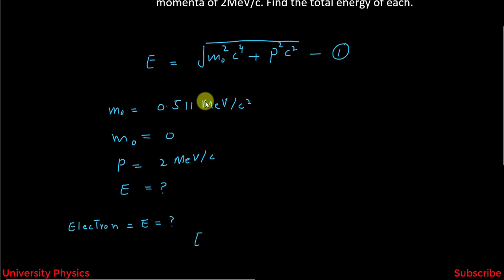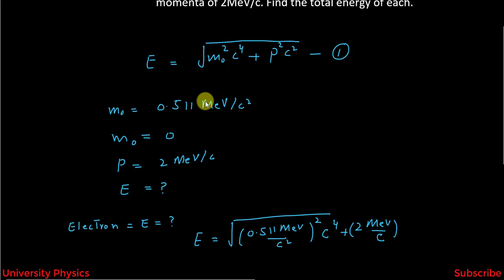Then we get E is equal to under root, the value of m naught for the electron is 0.511 MeV per c square, and it is m naught square, so this will be squared, times c4, plus the value of p, which is 2 MeV per c, squared.